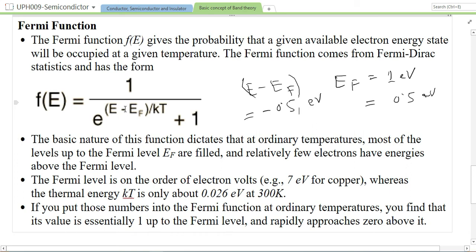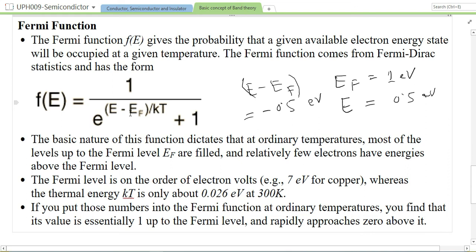That means e to the power of something negative, which is going to be a very, very small number, and when you add that to 1, it will still remain very close to 1. So 1 divided by 1, and that's how this probability remains very close to 1. So the probability for a particle to be at an energy level E which is less than the Fermi energy turns out to be very, very close to 1.